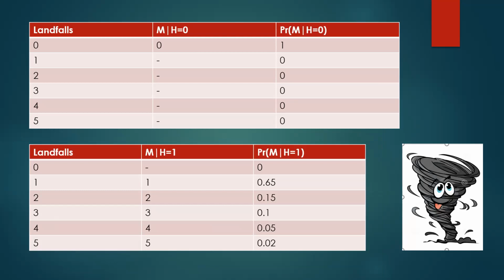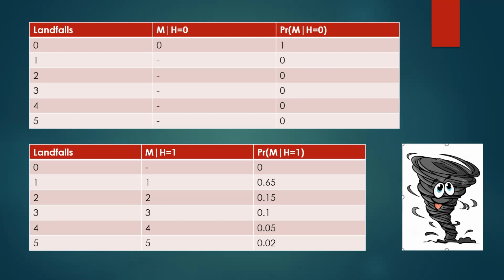So I computed a few tables, which provide the landfall number, and the probability of M given that H equal to 0. So first, we have 0, 1, 2, 3, 4, 5 landfalls, given that the hurricane count equals 0. Since no hurricanes happen, we have no landfalls, of course.